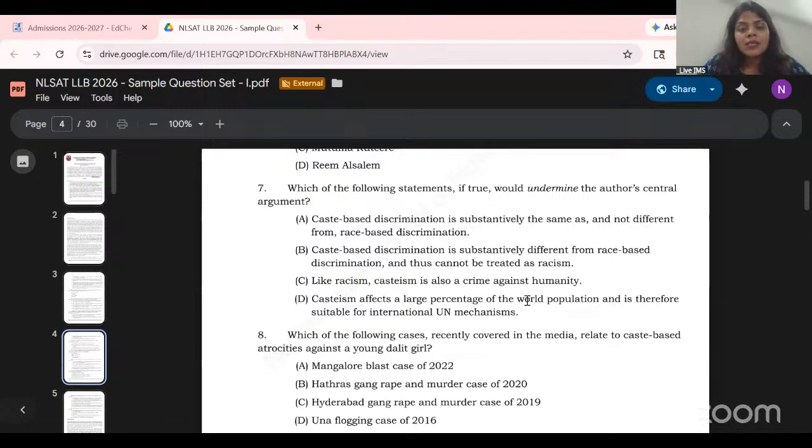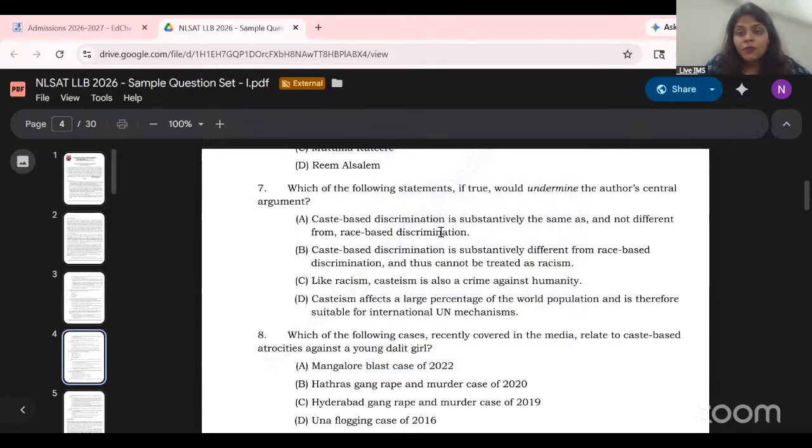Look at something here. Option C and option D are in support of the author's argument that there's a need to recognize casteism, right? So these options are straight away eliminated, because we have to undermine, we have to go against the author's central argument. That is the main crux. Now let us look at option B. It is talking about caste-based discrimination being substantively different from race-based discrimination and thus cannot be treated as racism.